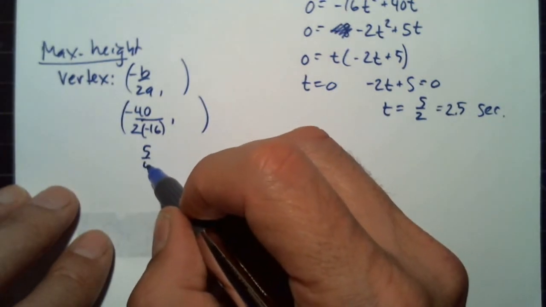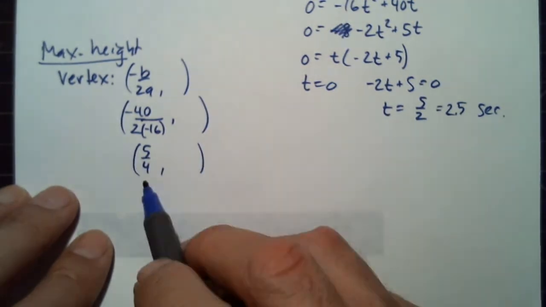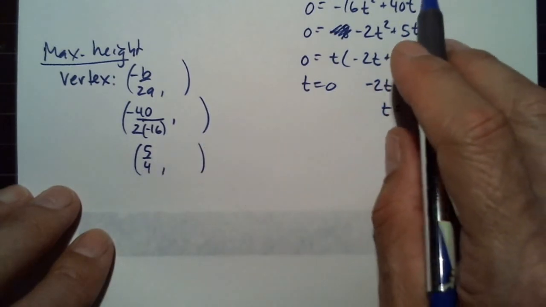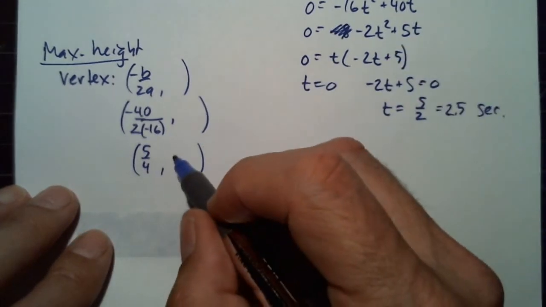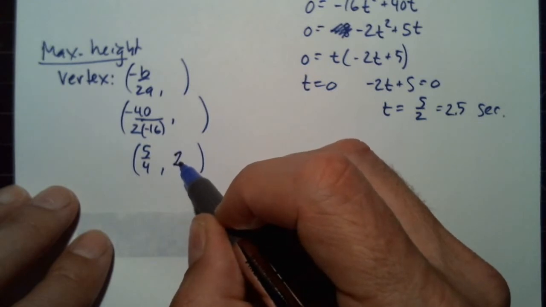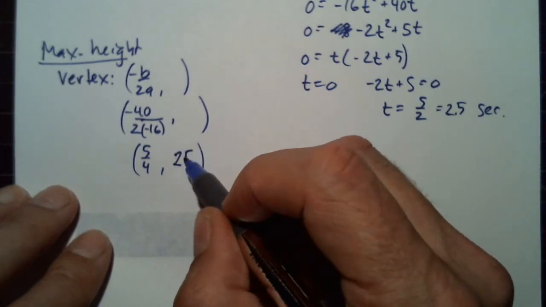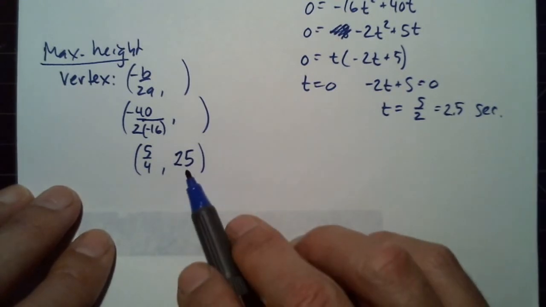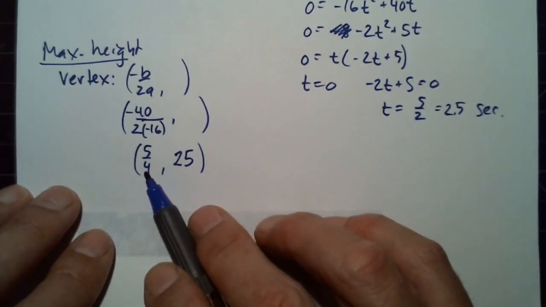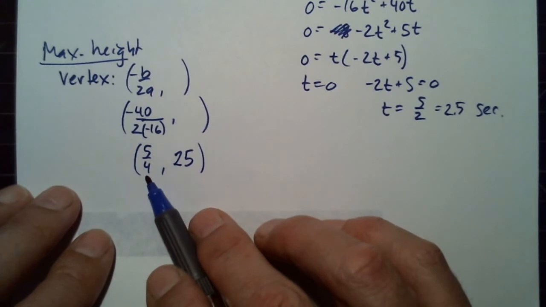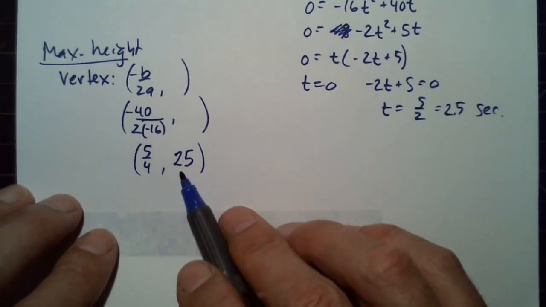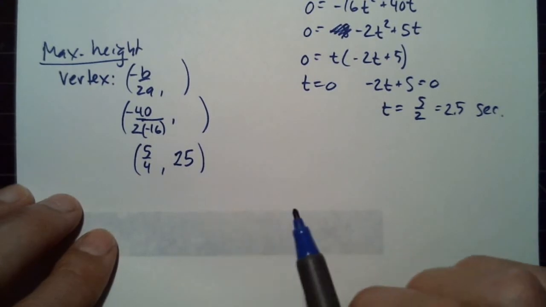And that's 5/4. If we substitute this time into this equation, we get 25. And that is the height when the time is 5/4, 1.25 seconds. The height is 25 feet.